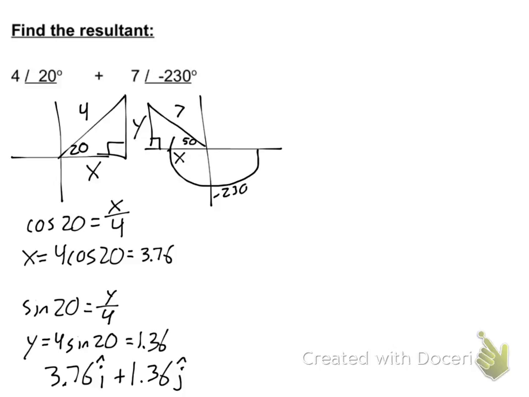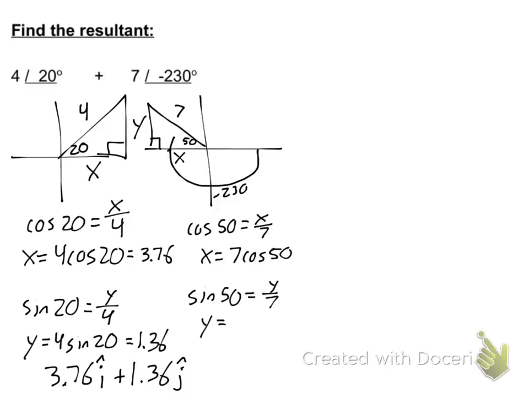So cosine of 50 is equal to x over 7, or x is equal to 7 cosine 50. Because the angle is 50 degrees, it's a reference angle to negative 230. So sine of 50 is equal to y over 7, or y is equal to 7 sine of 50.